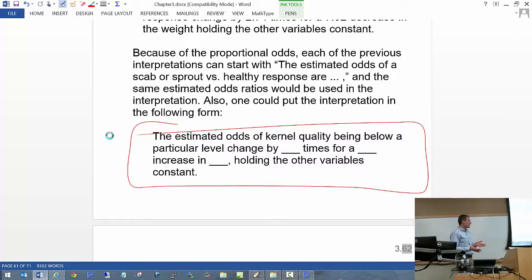The estimated odds of a kernel quality being below a particular level, notice I'm not saying what level, I'm just saying a particular level, changed by whatever I get for my numerical value for the odds ratio, times for a, let's just say C unit increase in, give me the explanatory variable name, holding the other variables constant. Overall, I think that's probably the best interpretation of it, because it covers all the cases.